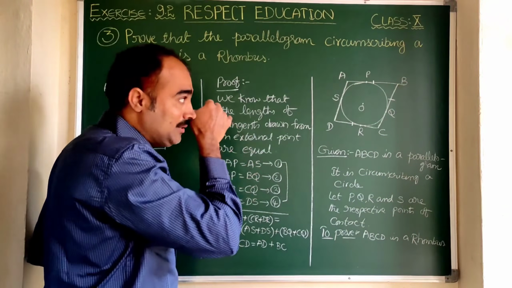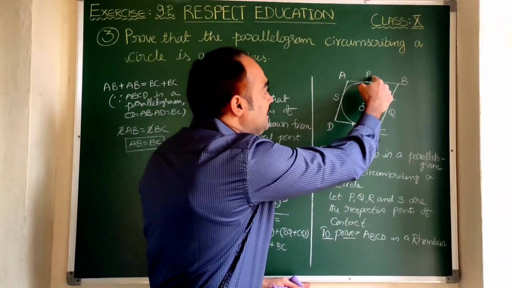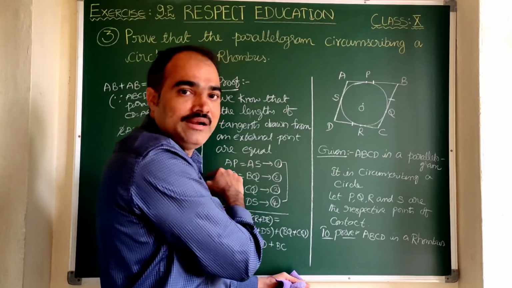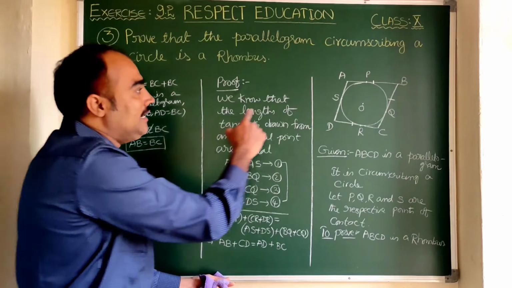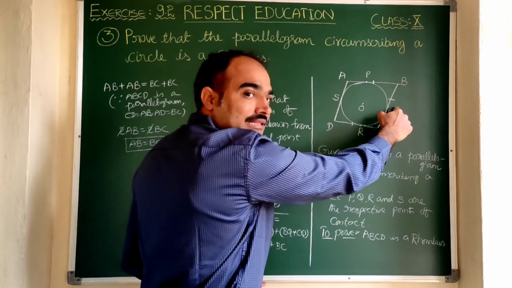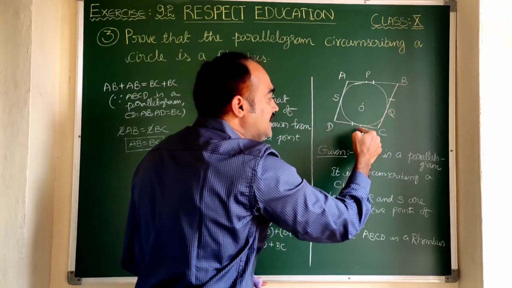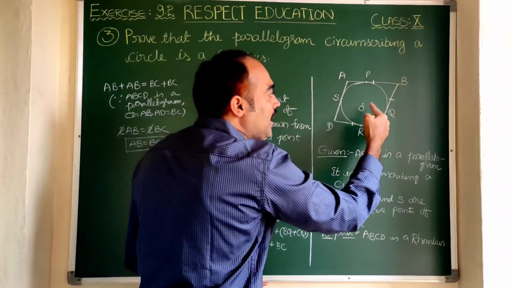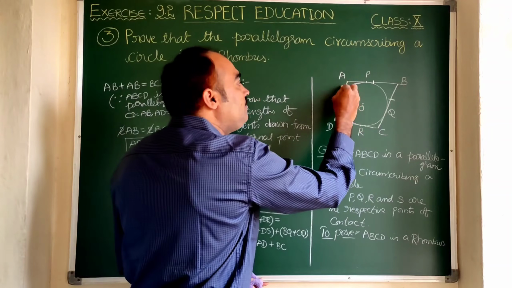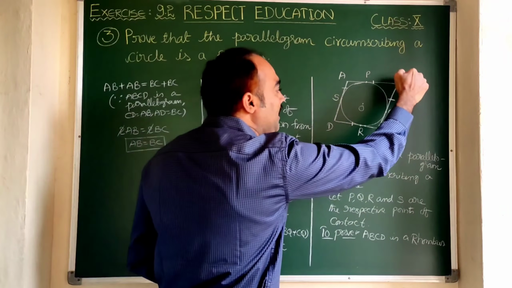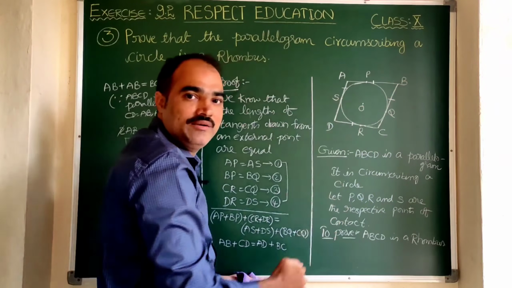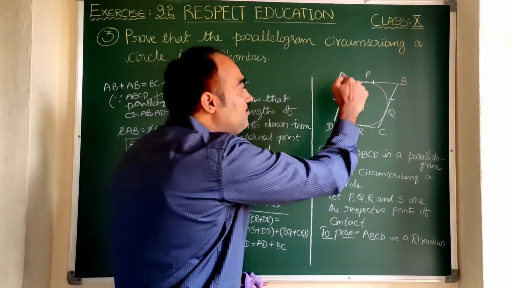Observe carefully. Since ABCD is a parallelogram, opposite sides are equal. Just now we have arrived at the conclusion that AB is equal to BC. That means AB, BC, CD all are equal. And one more thing, since ABCD is a parallelogram, BC is equal to AD also. That means we got AB, BC, CD, DA, all the four sides are equal. Is it clear? All the four sides are equal.